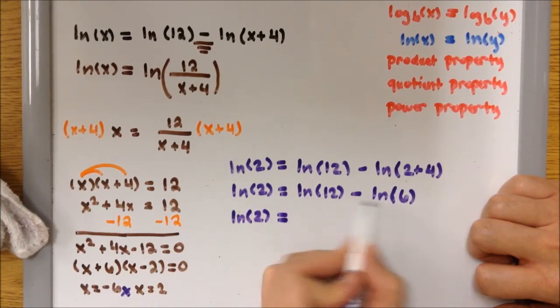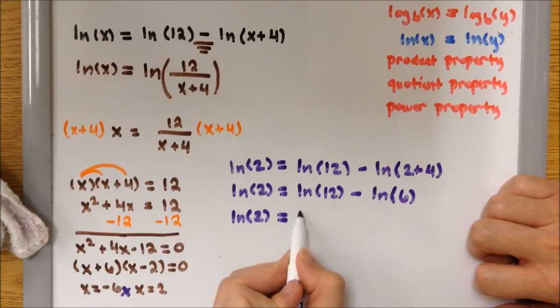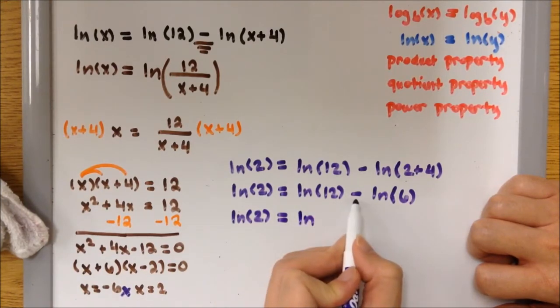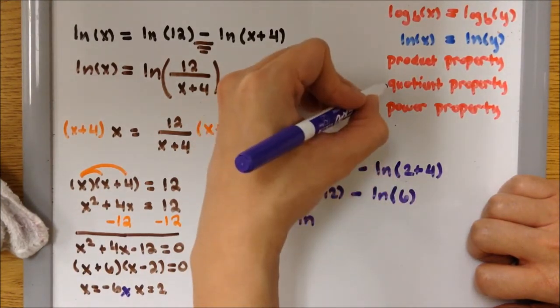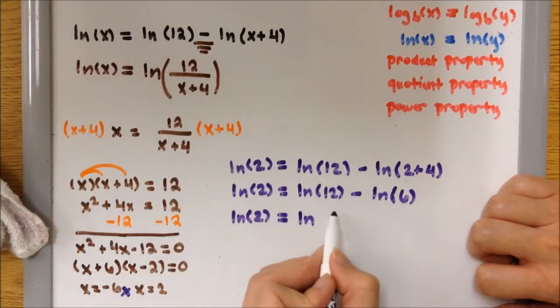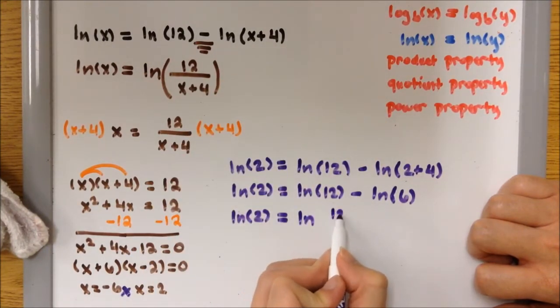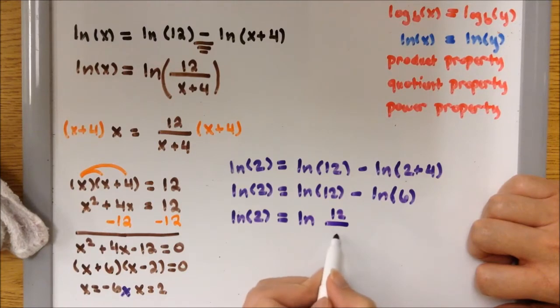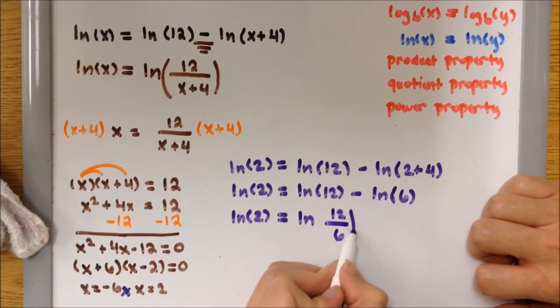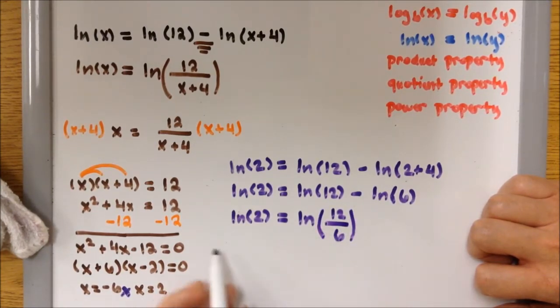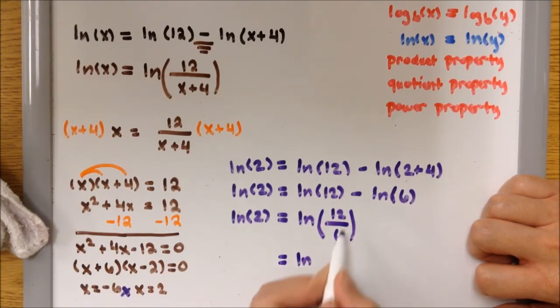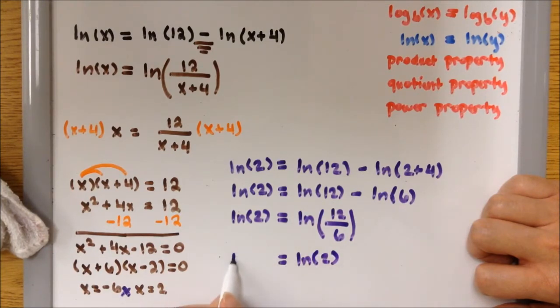And I need to condense these two natural logs as one. What I see is there's the minus, so I'm going to reapply the quotient property. What comes first is the numerator, so 12. What comes second is the denominator, so 6. So if I check, natural log of 12 divided by 6 is 2. I'll bring down the left side, natural log of 2.